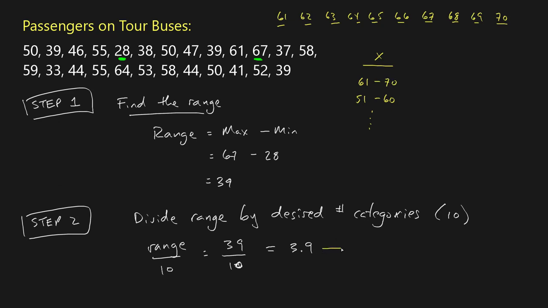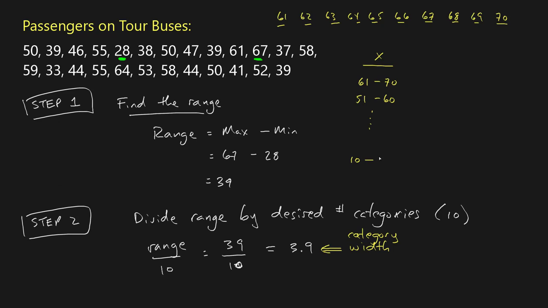So right now, this is our category width. And it's not a very nice one. 3.9 means that wherever the lower end of our category, whatever the bottom number is in our category, let's say we have a category that starts at 10, this is telling us that the top of the category should be 3.9 higher.